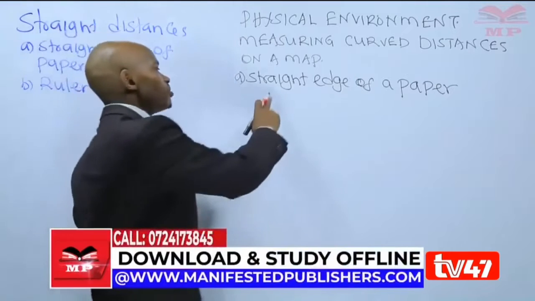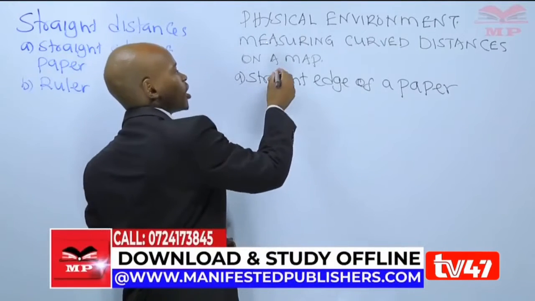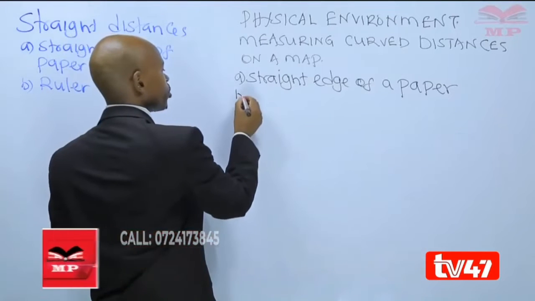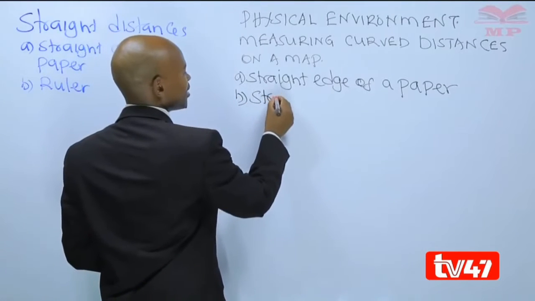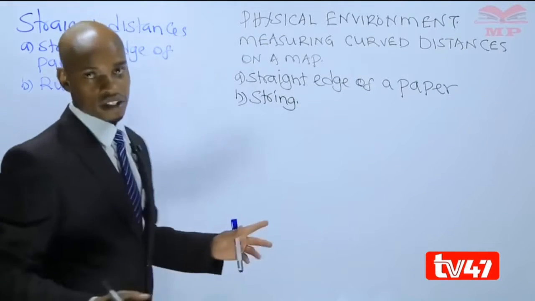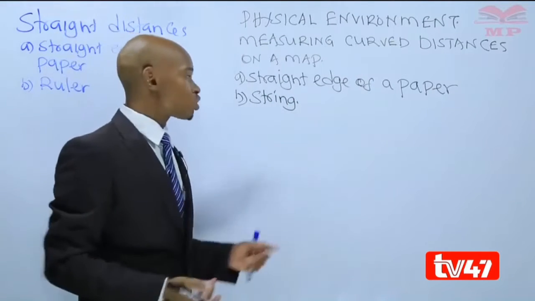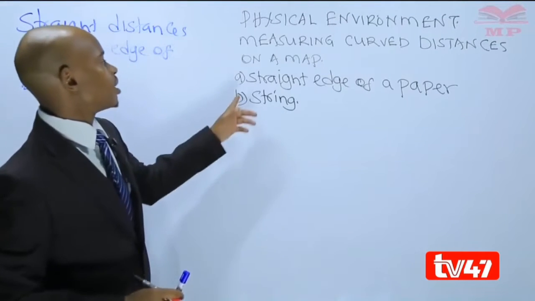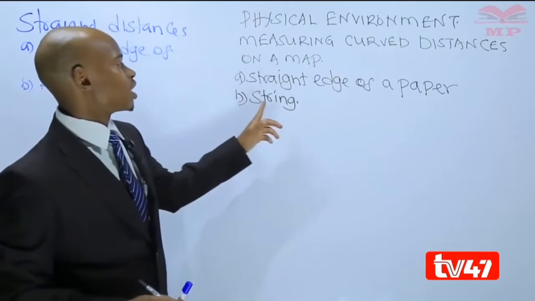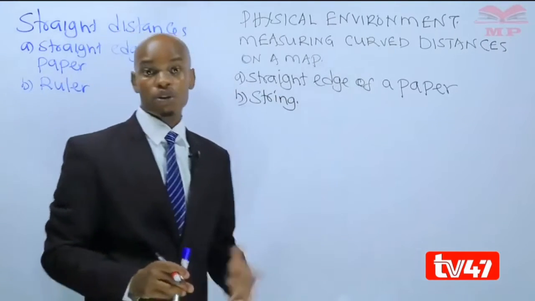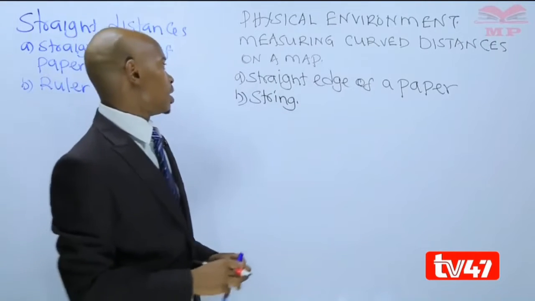And number two, you can also use a string if you have one, but the syllabus requires learners to know how to use a straight edge of a paper, because it is the one that is recommended.